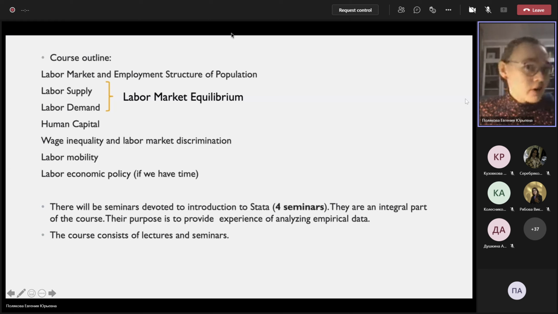If you have not taken a microeconomics course, or if you do not remember anything from it, don't worry, these are basic models. Then the most interesting part is human capital models, because it deals with education, wages, etc. Then we speak about wage inequality and labor market discrimination. And then about labor mobility and labor economic policy if we have time.